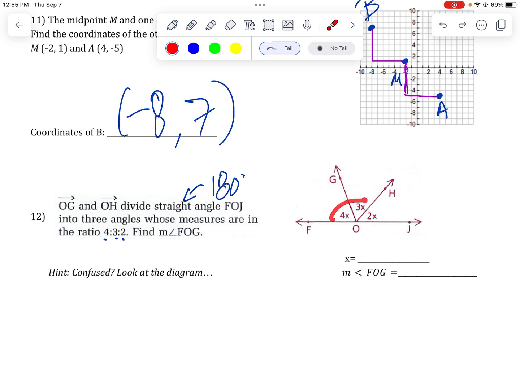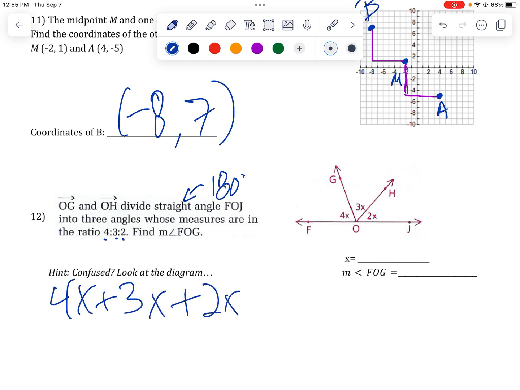All 3 of these angles together form this straight line. So all I need to do is go 4x plus 3x plus 2x equals 180. Some of you might have just written it right away as 9x equals 180, and that's fine. It's not a big deal.